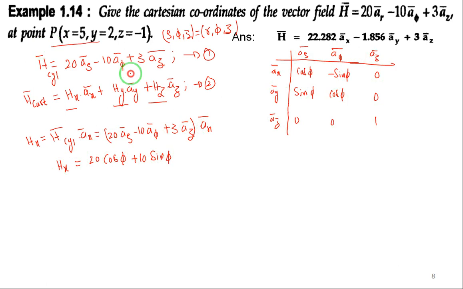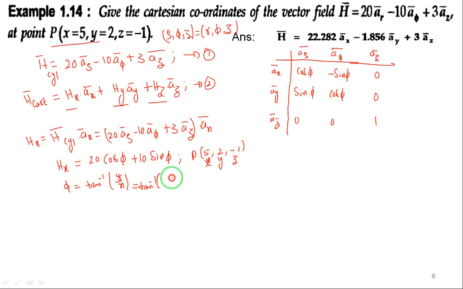But they have given the point P, so I will make use of it. P is 5, 2, minus 1, which is x, y, z. So calculate phi. Phi equals tan inverse of y by x. Y is 2, x is 5, which is in the first quadrant, so the angle is between 0 and 90 degrees, since both are positive.